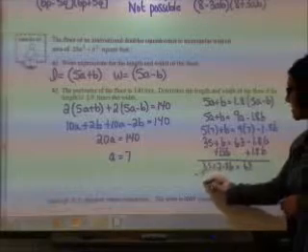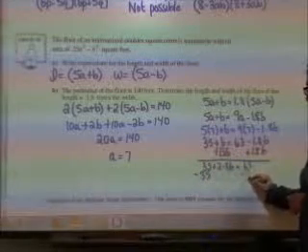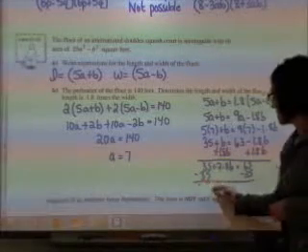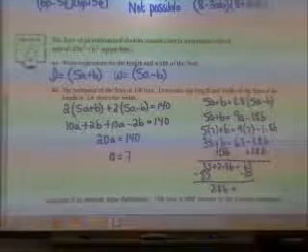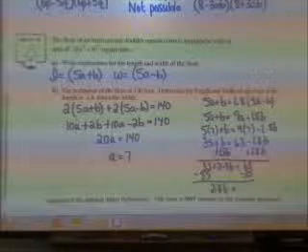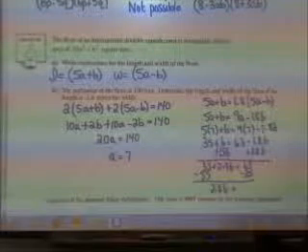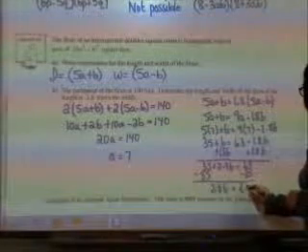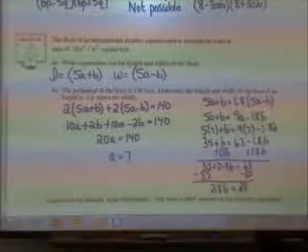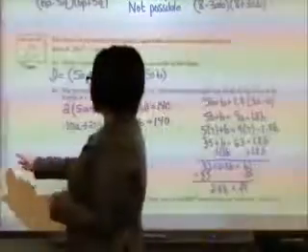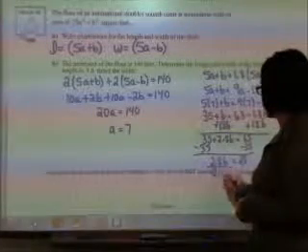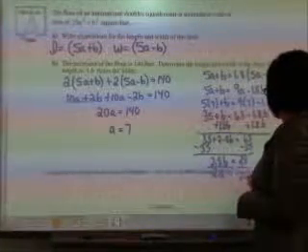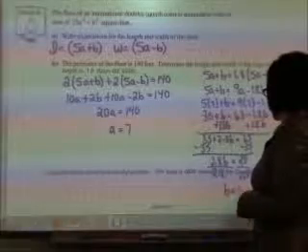Then I'll subtract 35 on each side, and I'll get 2.8B equals 63 minus 35, which is 28. Divide by 2.8, and I get that B equals 10.